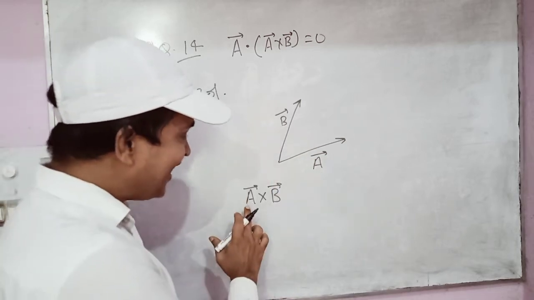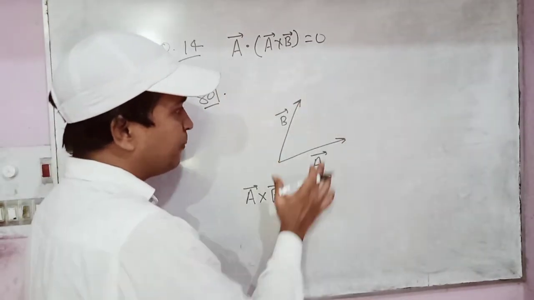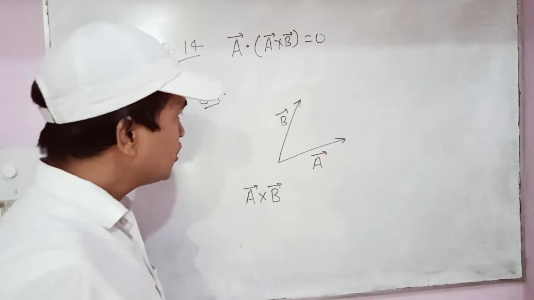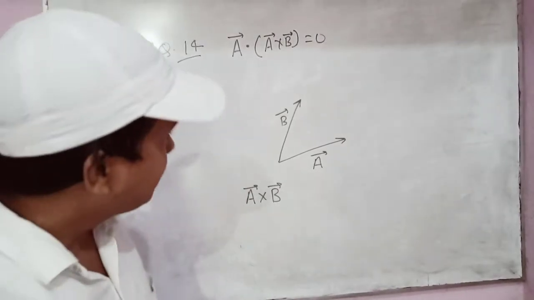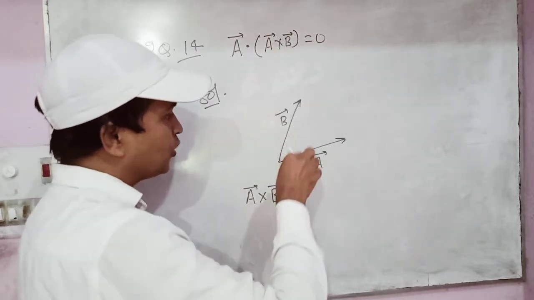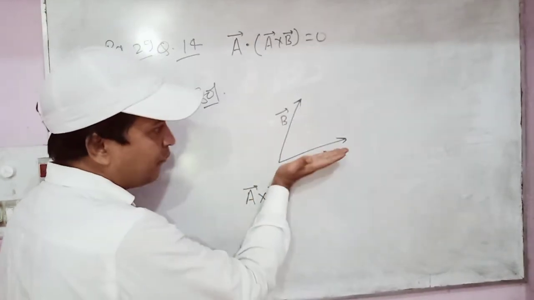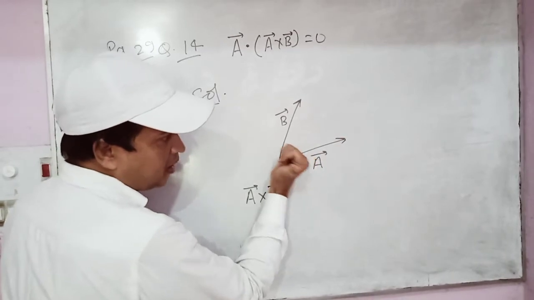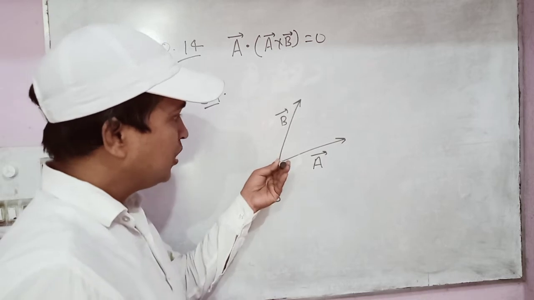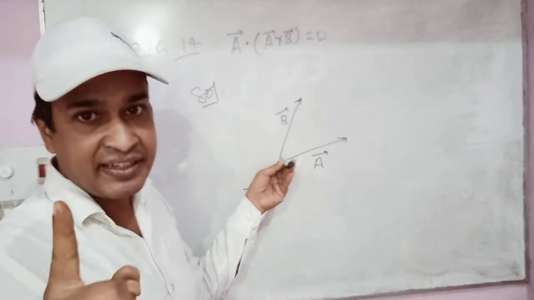That is, vector A cross B is perpendicular to the plane of this board. From the right hand thumb rule, vector A cross B is outward from this board and perpendicular to it.